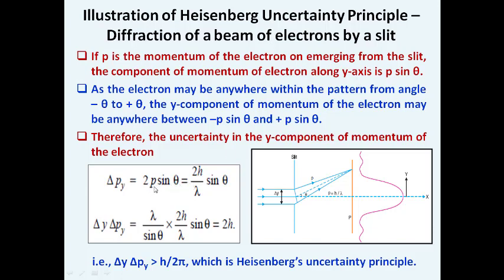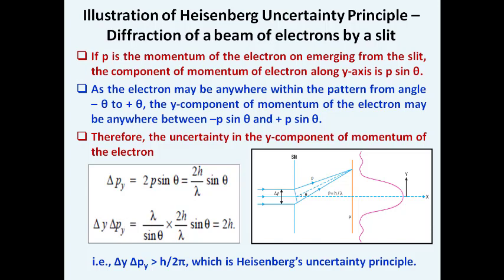You know the momentum of the electron, p, is h by lambda. So delta py is 2h sin theta divided by lambda. Now we impose the uncertainty principle. What is the product of the uncertainty in position and the uncertainty in momentum?